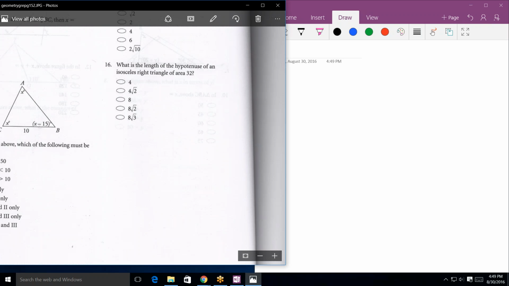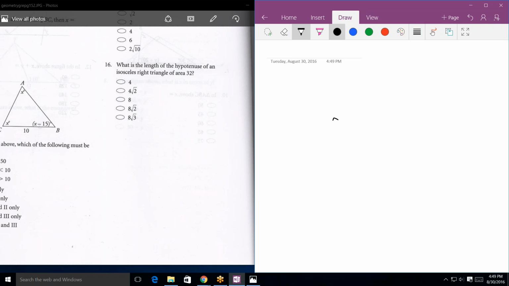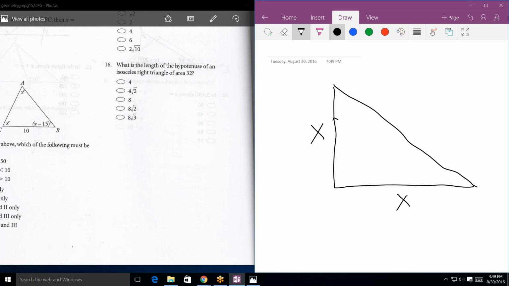What is the length of the hypotenuse of an isosceles right triangle of an area 32? Okay, first of all, let's talk about what an isosceles right triangle is. So that means the two angles coming off from the vertex that is 90 degrees must be the same.